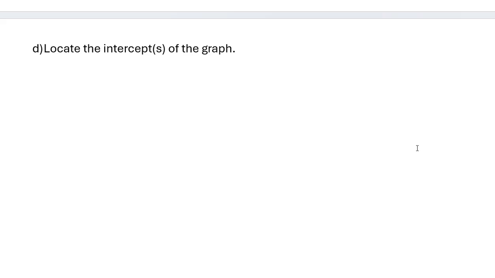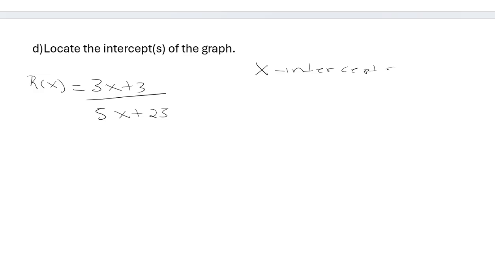All right, so let's take a look at the next question. It says locate the intercepts. Again, just so I can have it right here, I'm writing my function again. I'm looking for the x and the y intercepts. If I'm looking for the x-intercepts, I am going to substitute 0 for the y.